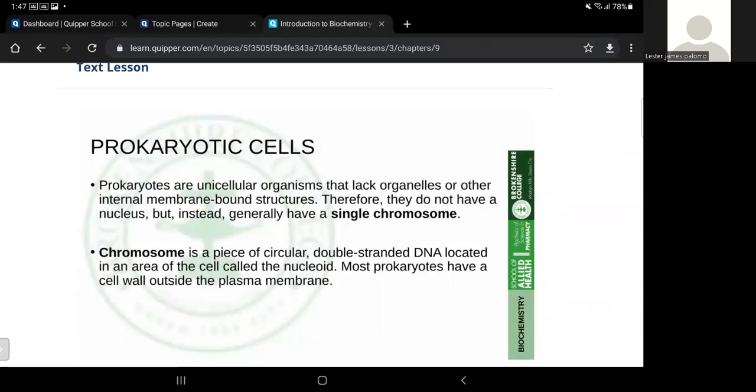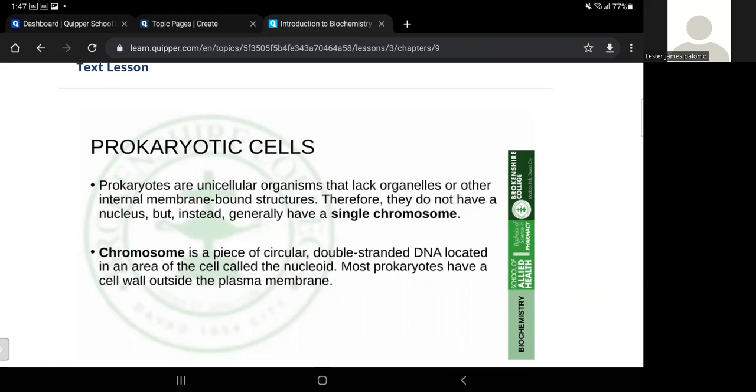Since I think you have discussed it already in your microbio, what is the cell wall of your bacteria made of? It is made up of peptidoglycan. Okay, it is a peptidoglycan cell wall.